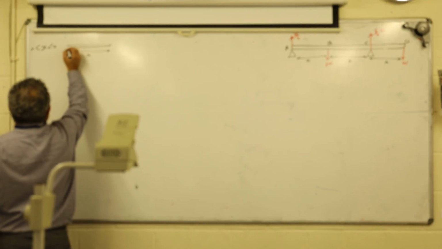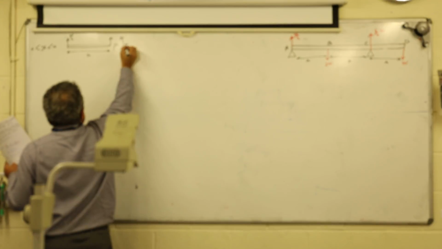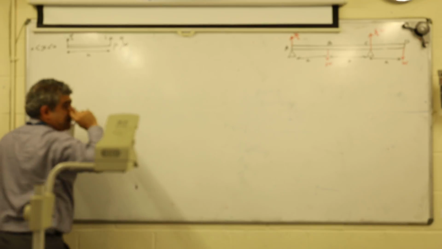It means this cut would be X, ladies and gentlemen. And this is going to be W over 2. And you cut it at the point P. When you cut at the point P, it would be creating the moment, and this is creating the shear force as well.